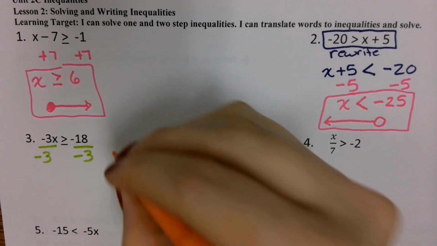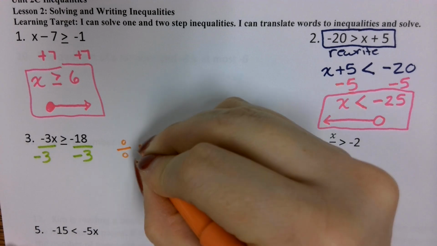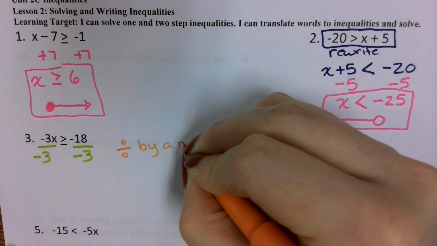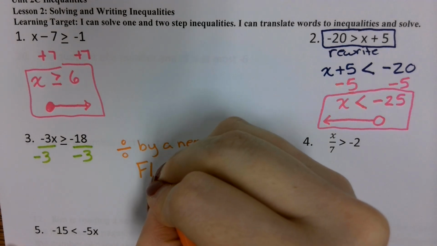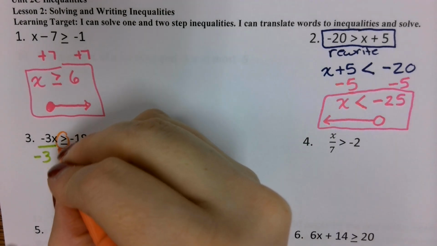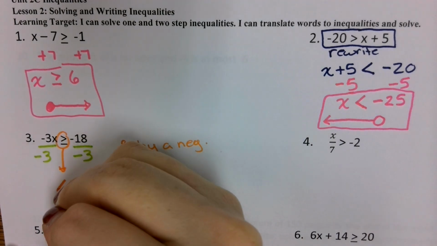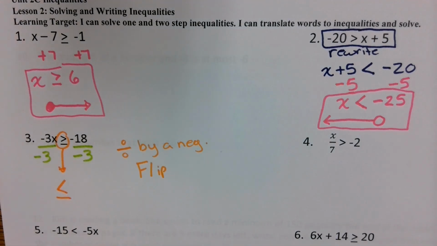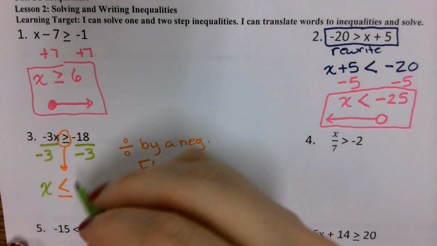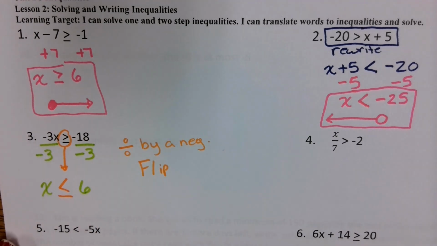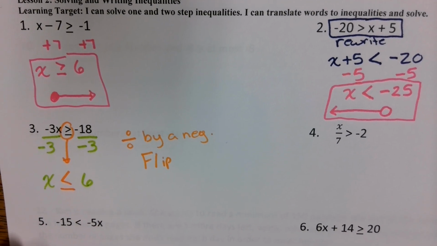I'm going to flip it because I am dividing by a negative. So it becomes less than or equal to. So x is less than or equal to positive 6.